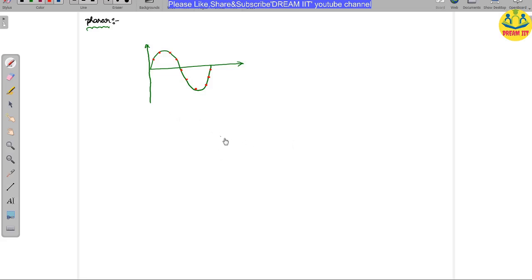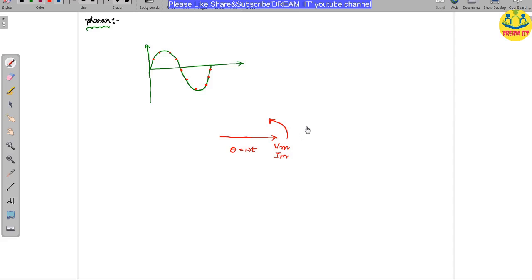This length of the vector is of maximum value and it is rotating in the anti-clockwise direction, so that it makes different angles, that is theta equals omega t. The length of this vector is the maximum value, either Vm or Im.